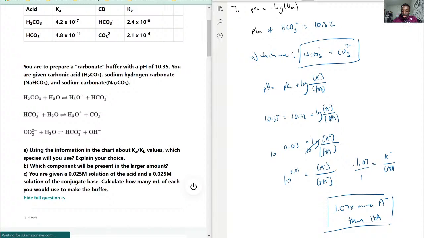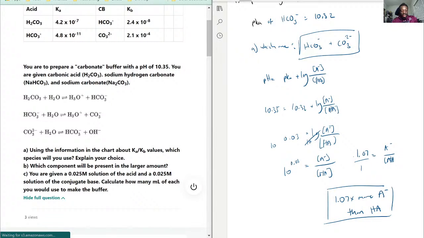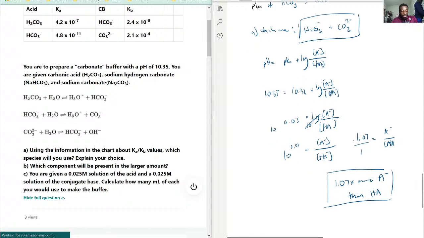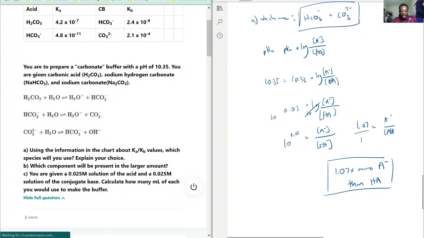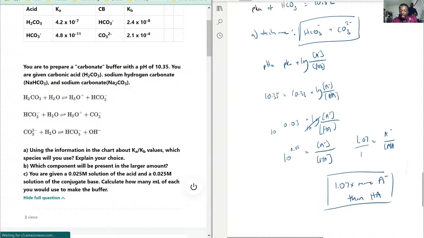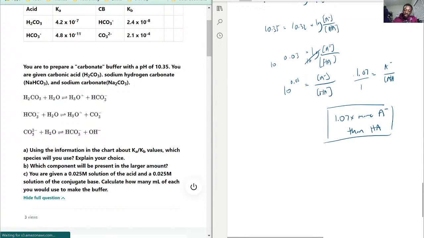Now the question is asking specifically how do we calculate the mils of each one we would use to make the buffer. Well, with that being said, we would need to first establish the ratio. We have 1.07 to 1 of A minus over HA.